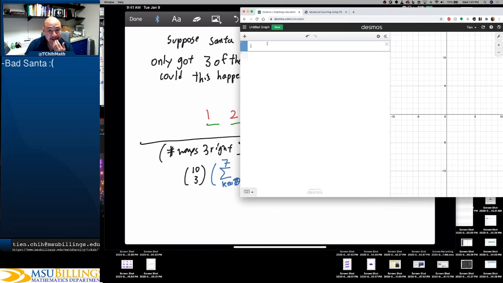but let's just go ahead and take a look at what this number might be. I'm going to call this bad. Bad stands for, of course, Santa being bad and not getting the labels right.